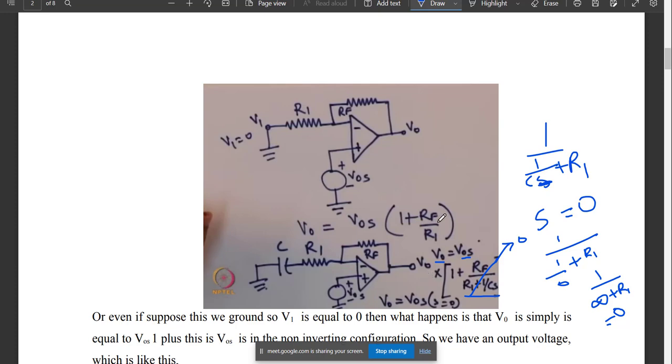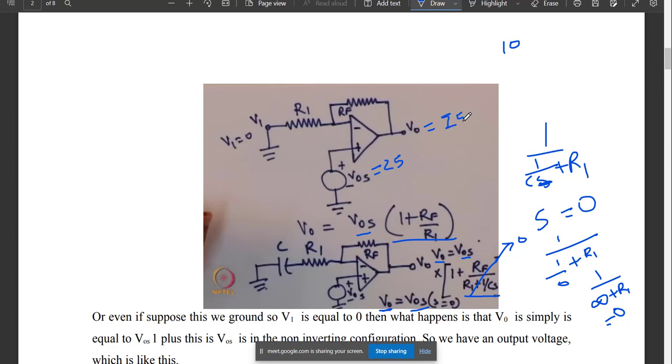So instead of our output voltage being the offset voltage amplified by the gain, we will get output equal to only the offset voltage. Let's say the gain is 10 and the offset voltage is 25 millivolts, then we get 250 millivolts at the output.